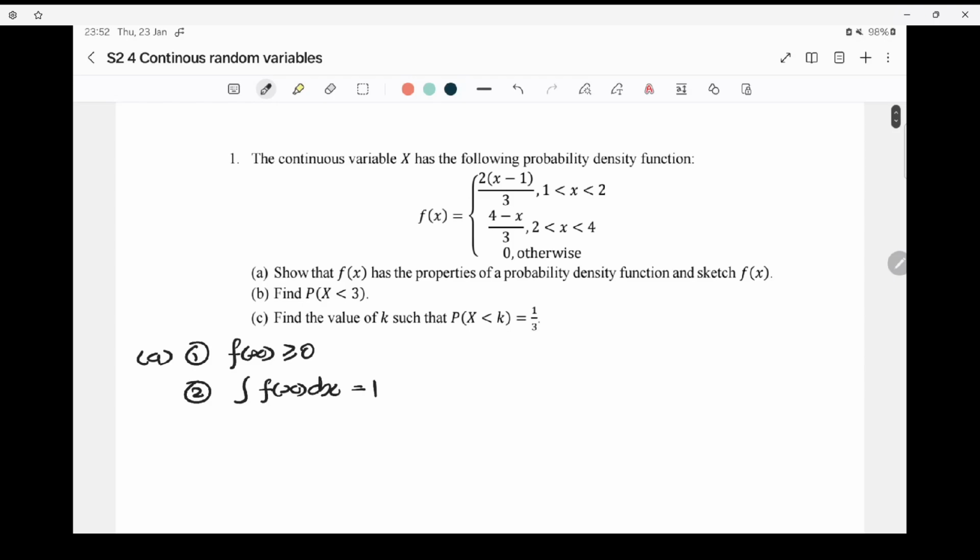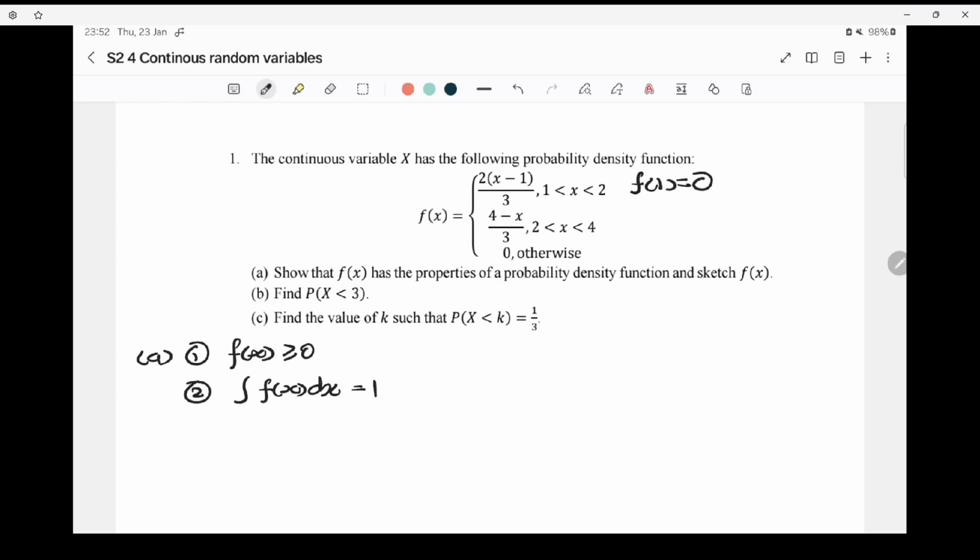Looking at the particular equation, for the first part, which is when your x is between 1 and 2, basically the smallest value will be 0 when x equals 1. So f(1) gives you 0.